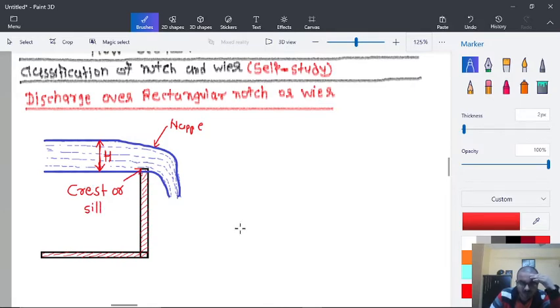So this figure is for a rectangular notch, and now we will be drawing the section at crest.